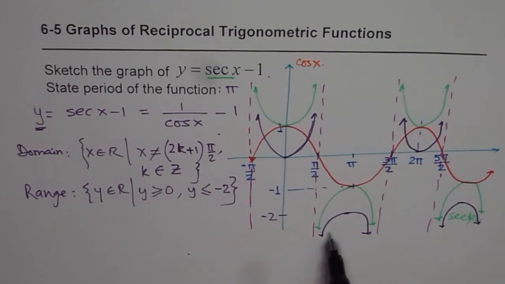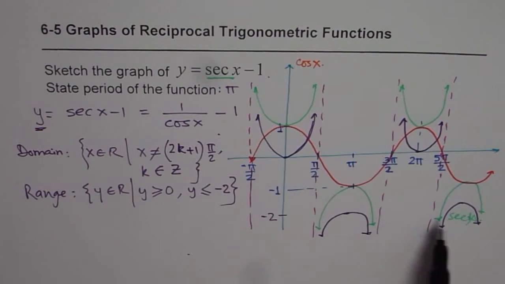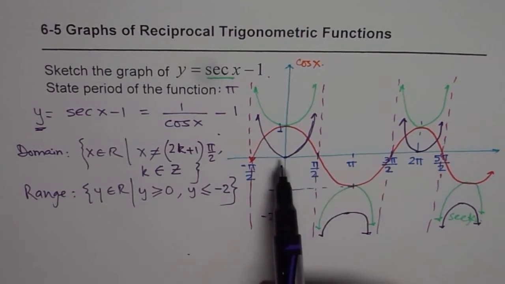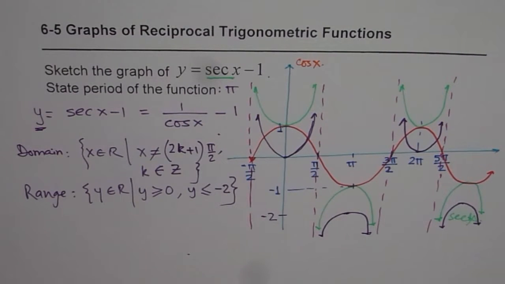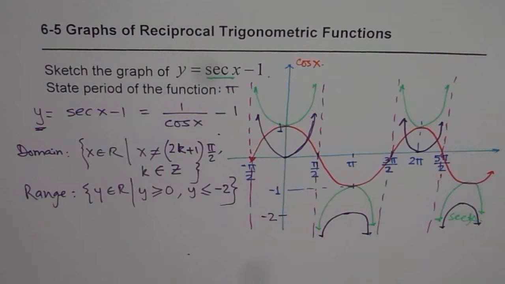Similarly, you can write down other characteristics. When is the function positive? When is the function negative? When is the function decreasing? When is the function increasing? Likewise, you can write all of the characteristics. This is a very important question from a test point of view. So have a good look at it and write all of the characteristics of this function, secant x minus 1, to prepare yourself for the test.